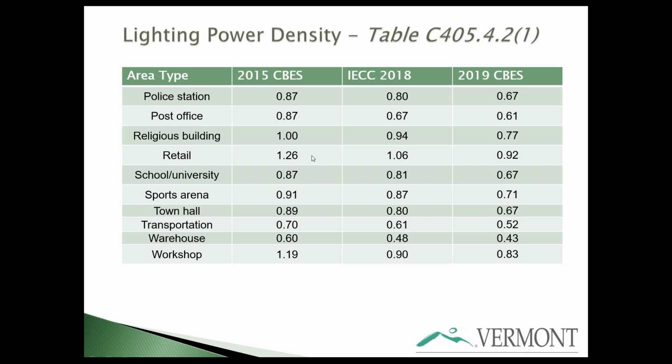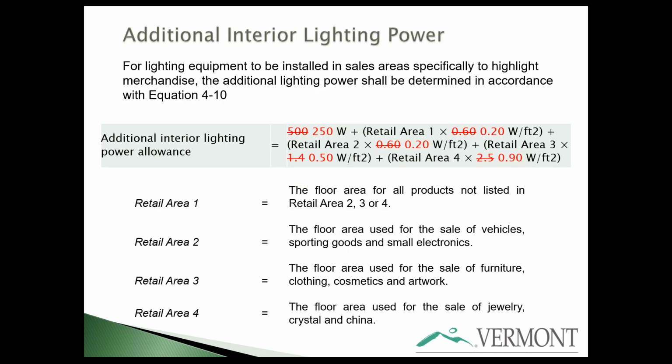This one here has retail on it. Retail is 1.26 in the current code. We are proposing 0.92 for what it would go to. If you're in a retail space, there are allowances for sales areas, specifically to highlight merchandise.